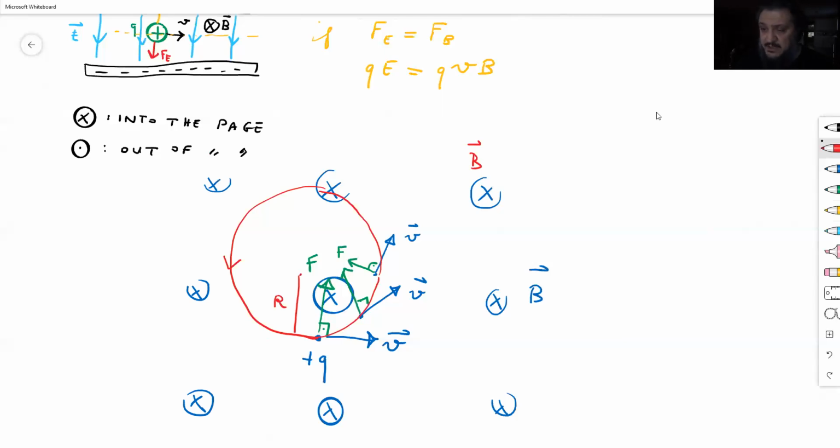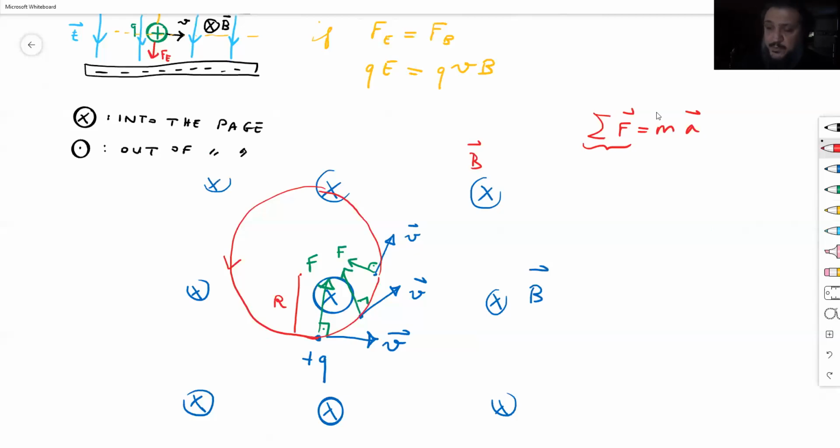Now, if you know the mass along with the charge, you can even write down an equation, because we know how circular motion dynamics work, right? If you apply Newton's second law, now the net force is nothing but this qvB, right?